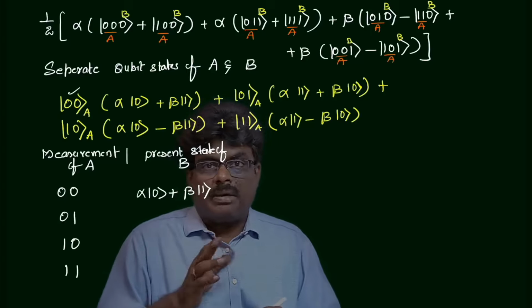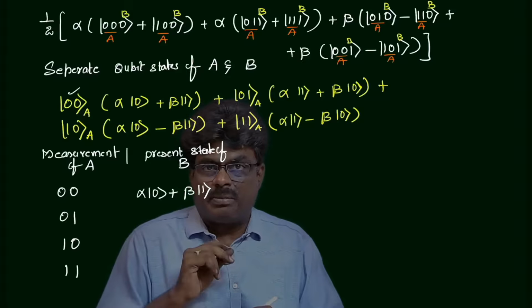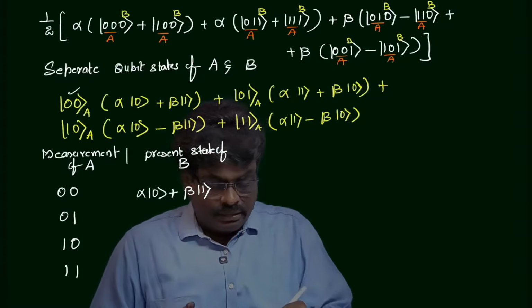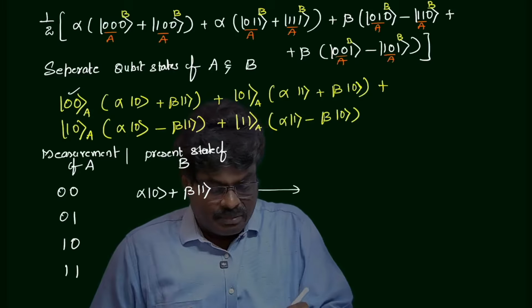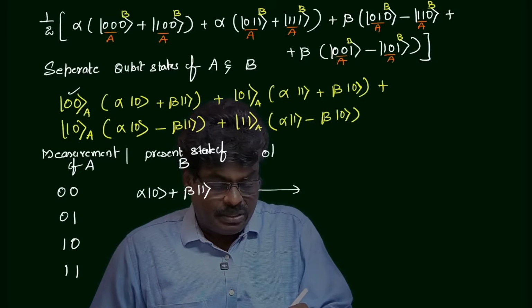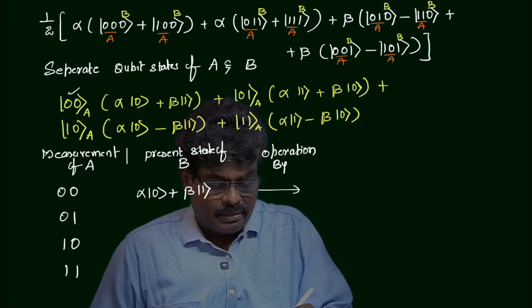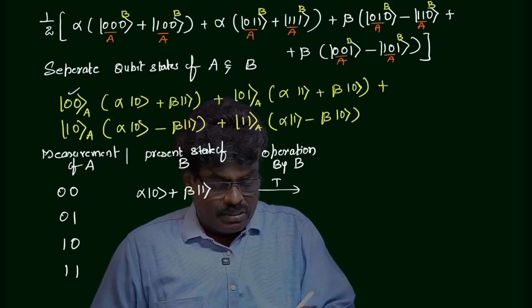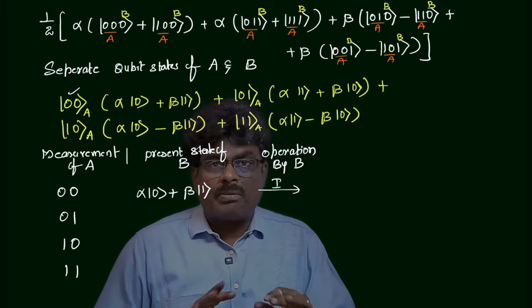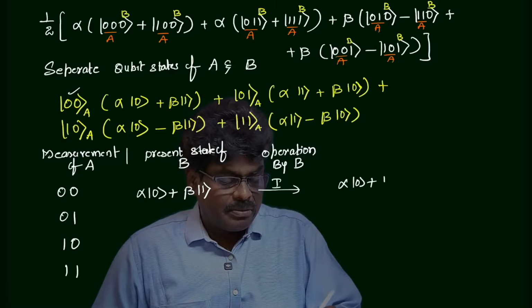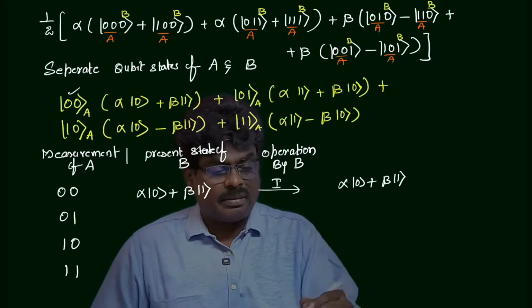Once he is passed the information of the measurement done by A, that he got 0 0, then B will perform this operation. He won't do any measurement and won't apply any gate, that is I. Finally he will get alpha 0 plus beta 1.